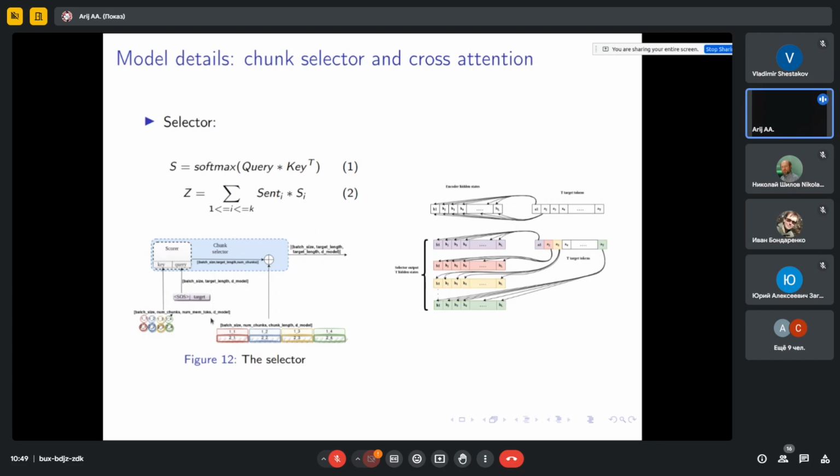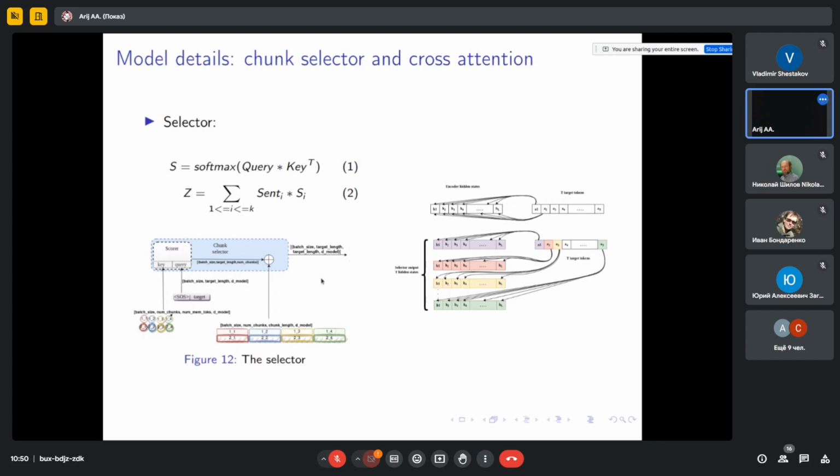After calculating the score for each chunk, the score of each chunk is multiplied by the representation of each chunk, and the weighted representations are summed up to get the overall representation. We can consider it as a compressed representation of the long input, which in this example is 4 chunks. The size of the overall representation is exactly the size of one chunk.